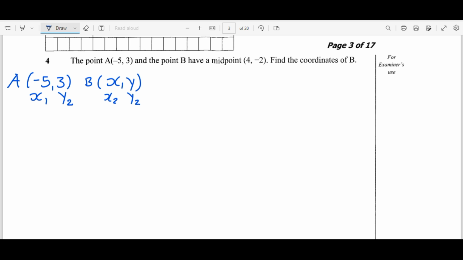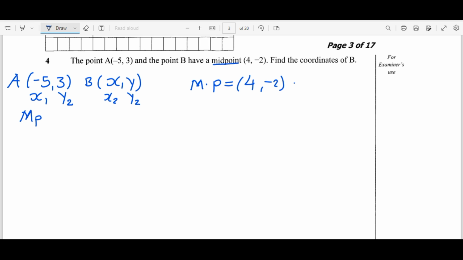Remember, we are given the midpoint, which is (4, -2). Now, how can we find the coordinates of B given the coordinates of A and the coordinates of the midpoint? So step number 1, we are going to apply the formula for the midpoint.